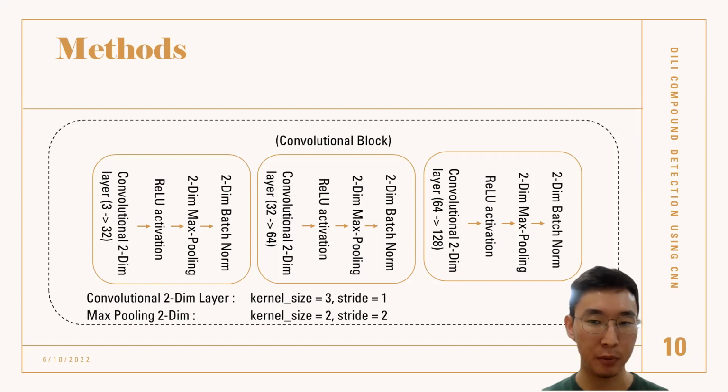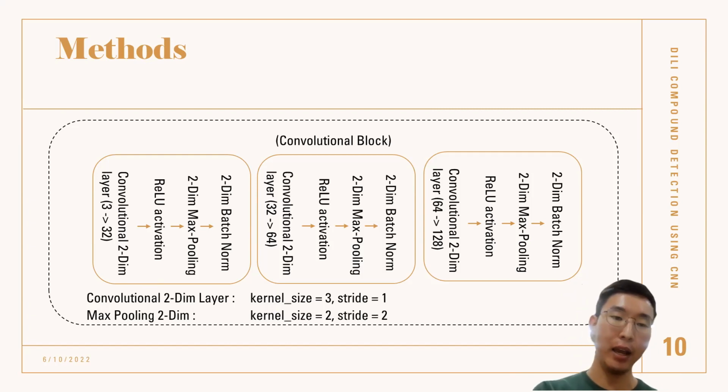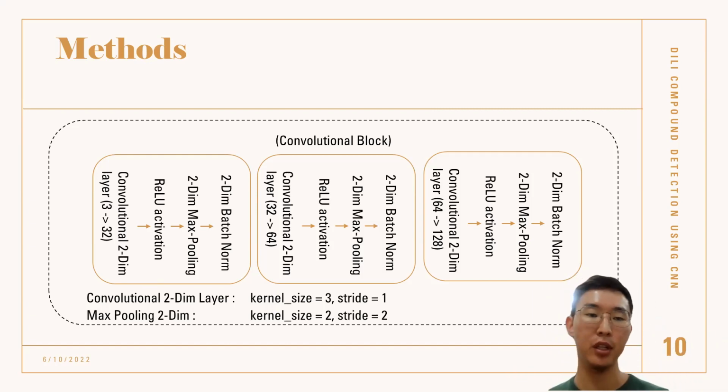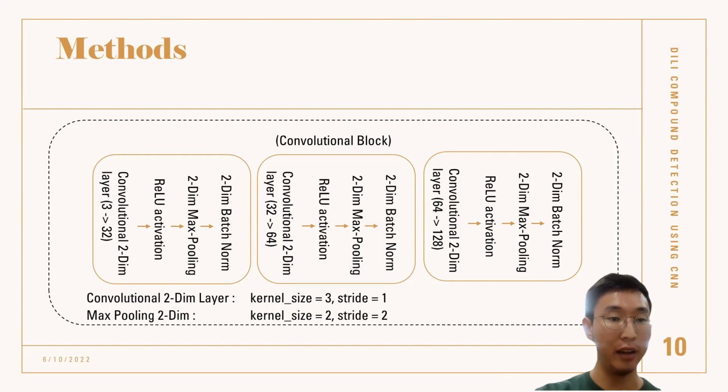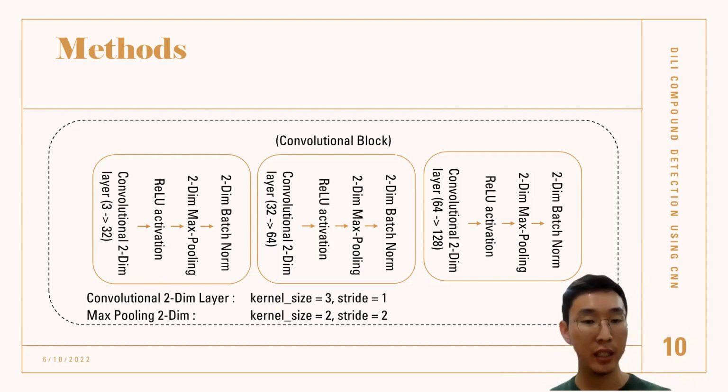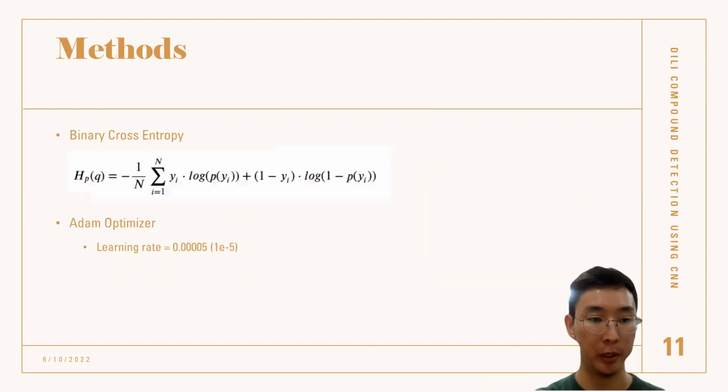Then I would use max pooling to reduce that dimensionality, and then use batch normalization to standardize our inputs, and repeat this process three times, increasing the channels every time. So first I have 3 channels, and I use convolutional layers to increase to 32, 64, and 128, which are then flattened and inputted into a basic feedforward neural network.